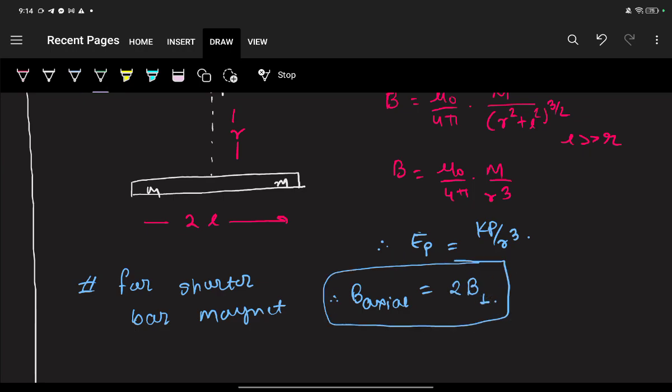So it is a very important formula. Once this question was asked in the NEET exam, and it can be really useful while solving the problems of magnetostatics, okay?